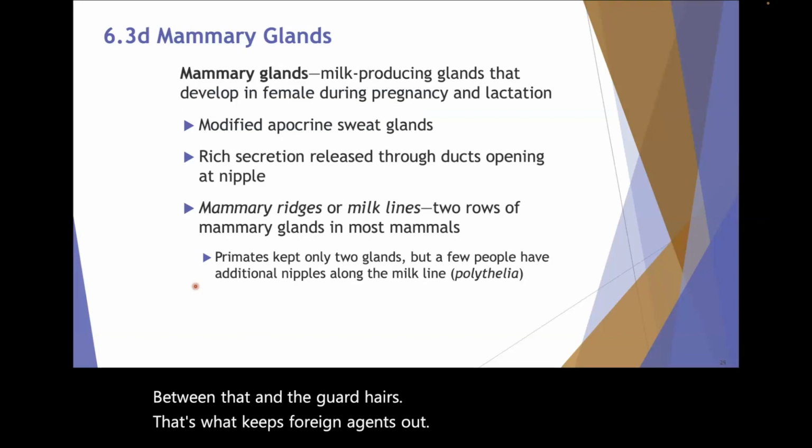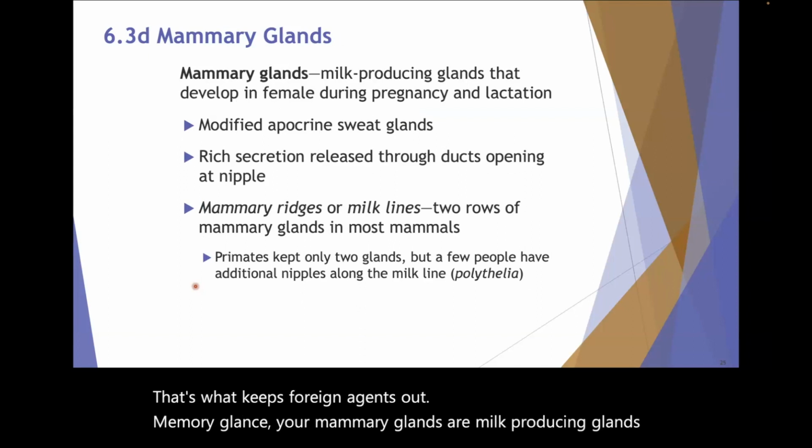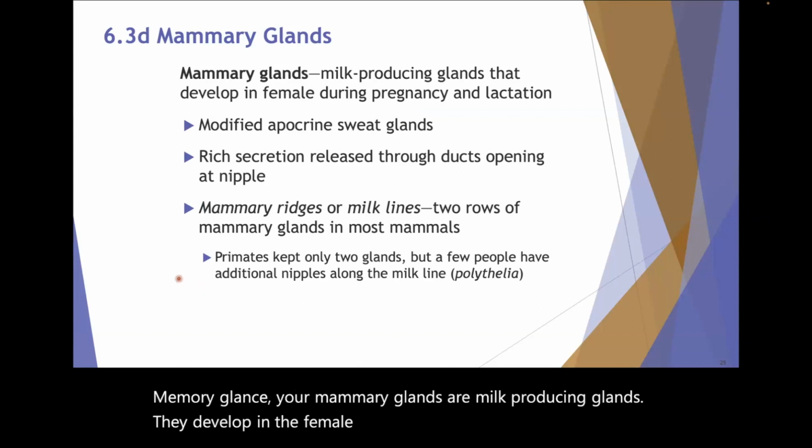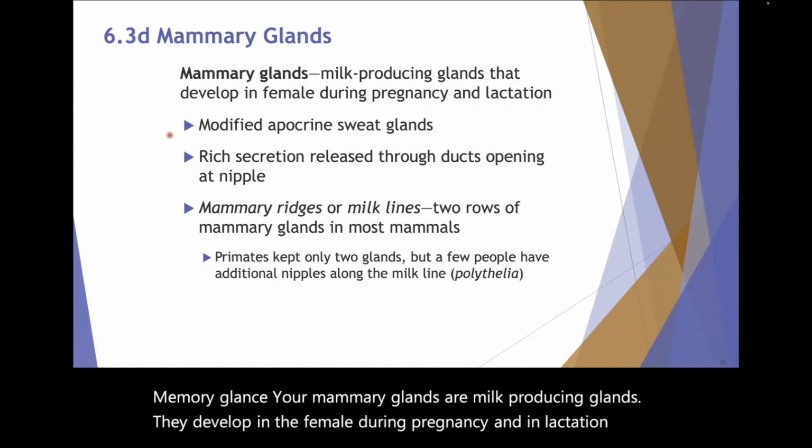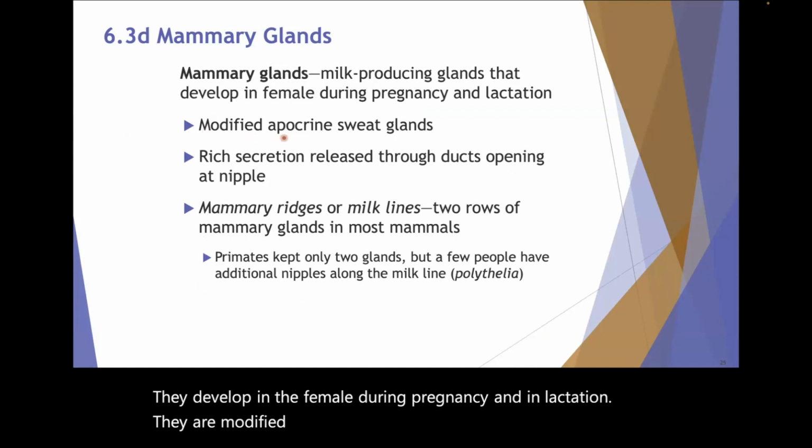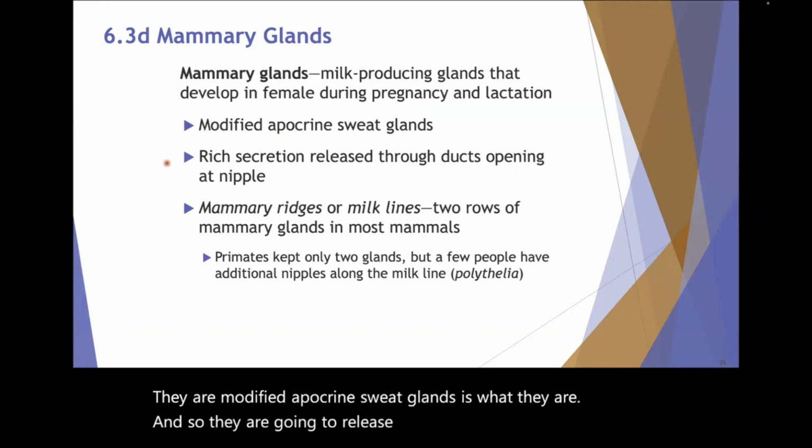Mammary glands. Your mammary glands are milk-producing glands. They develop in the female during pregnancy and in lactation. They are modified apocrine sweat glands. They are going to release rich secretions through the ducts at the opening of the nipple.